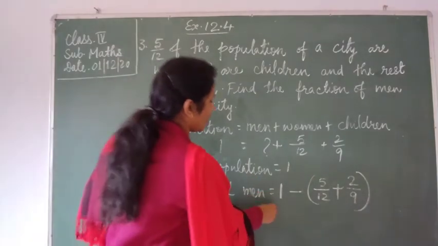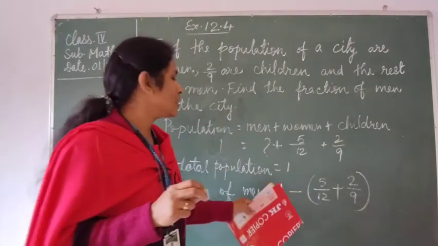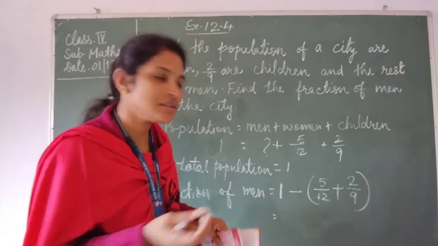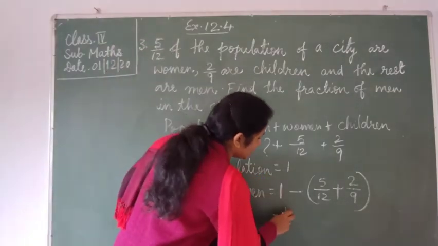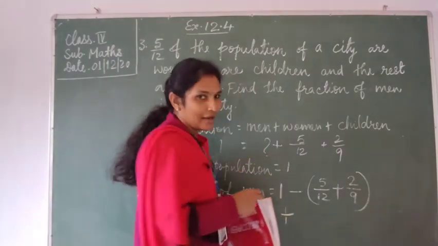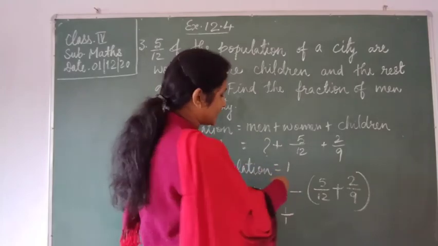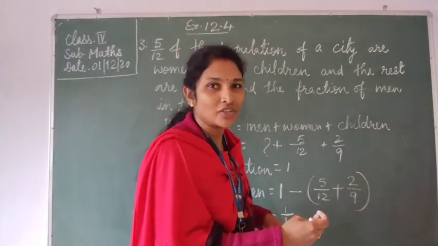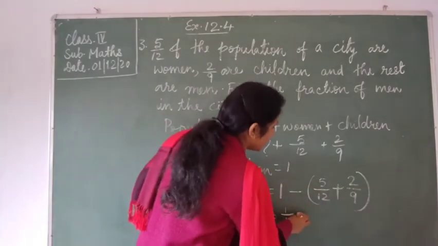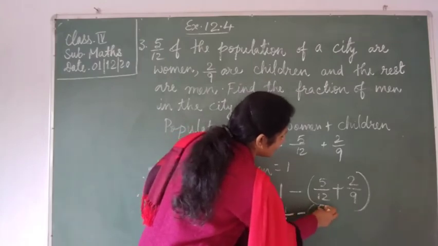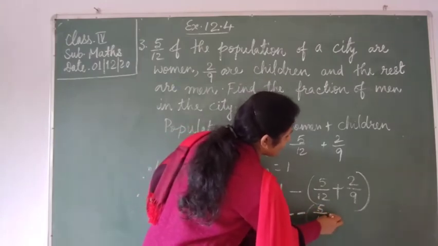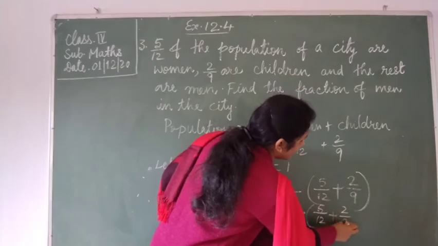Now, how to do the process with fractions? 1 we can write as a fraction by writing denominator as 1. So it is 1 by 1 minus, in brackets, 5 by 12 plus 2 by 9.